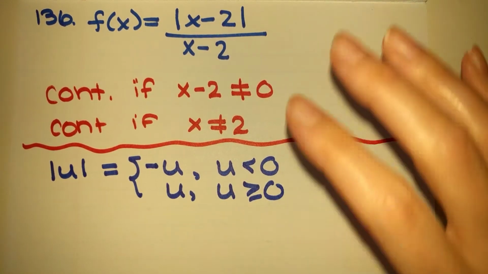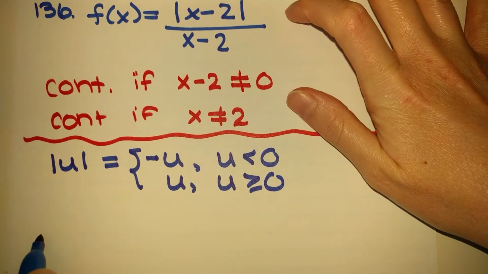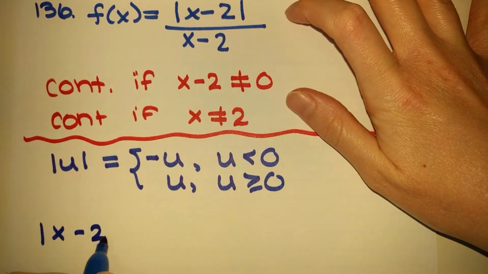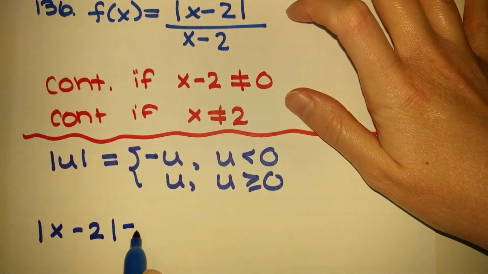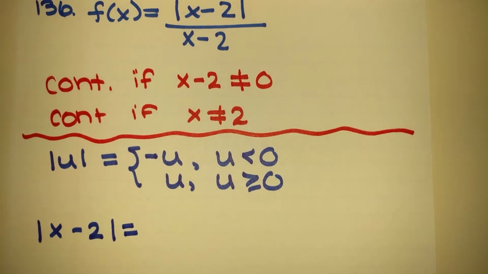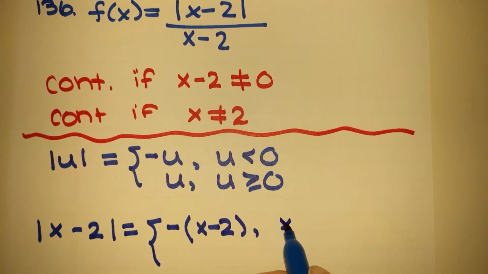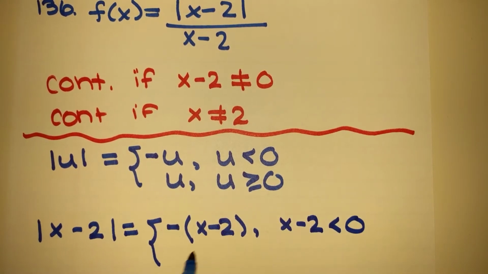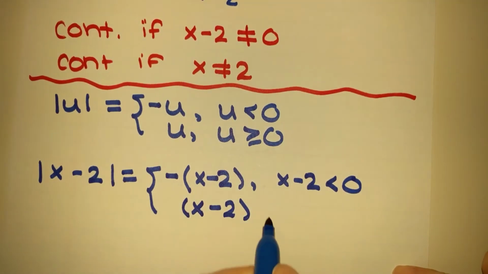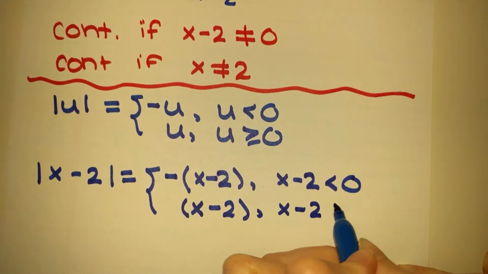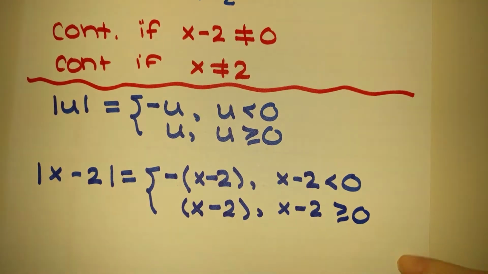So applying that piecewise function idea to our particular absolute value, which is x minus 2, this numerator is really represented as negative quantity x minus 2 if x minus 2 is less than 0, and positive quantity x minus 2 if x minus 2 is greater than or equal to 0.